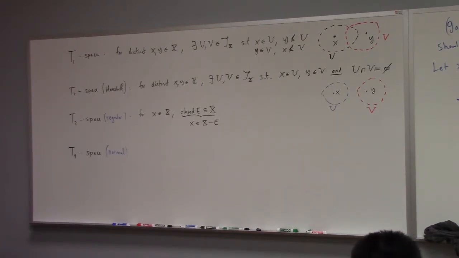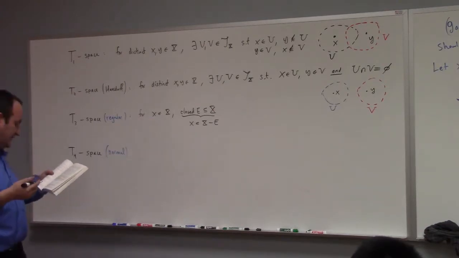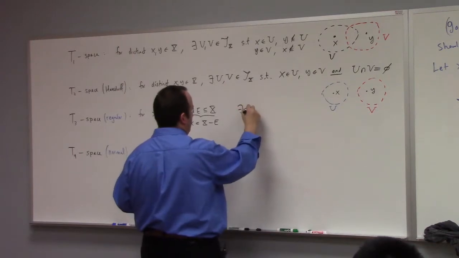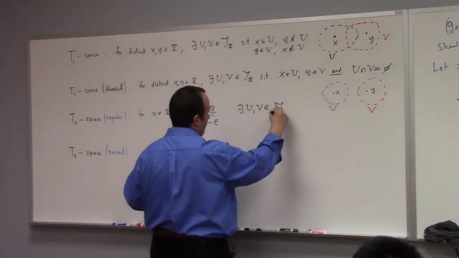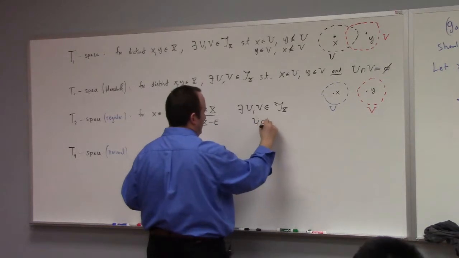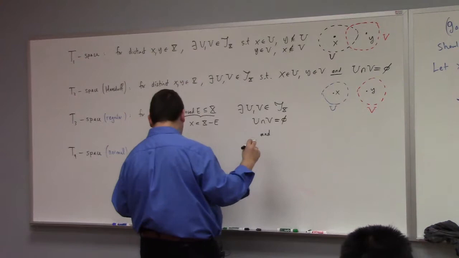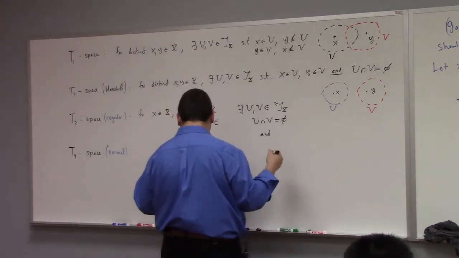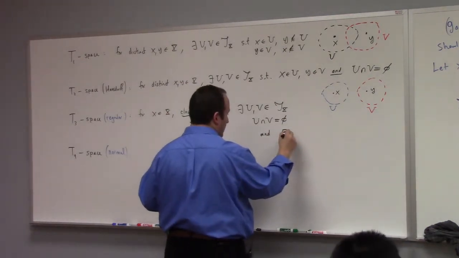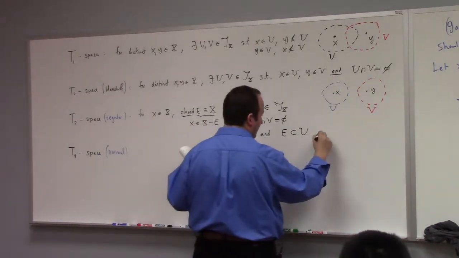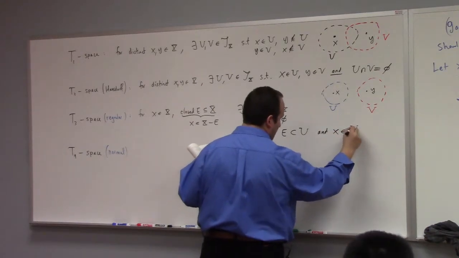There exist disjoint open sets U, V in the topology of X. They're disjoint. And what's the deal? E is contained in U, and X is an element of V.